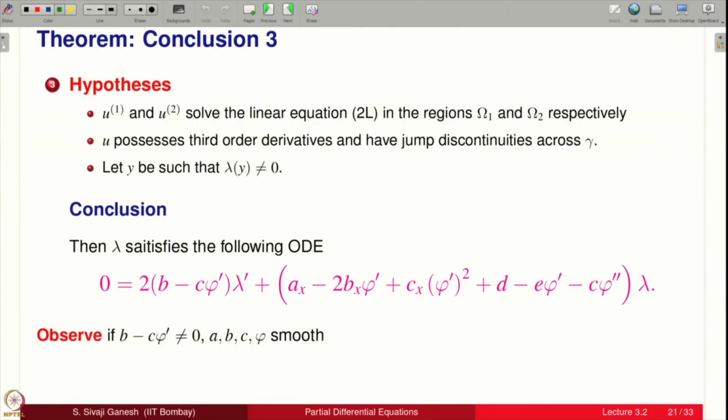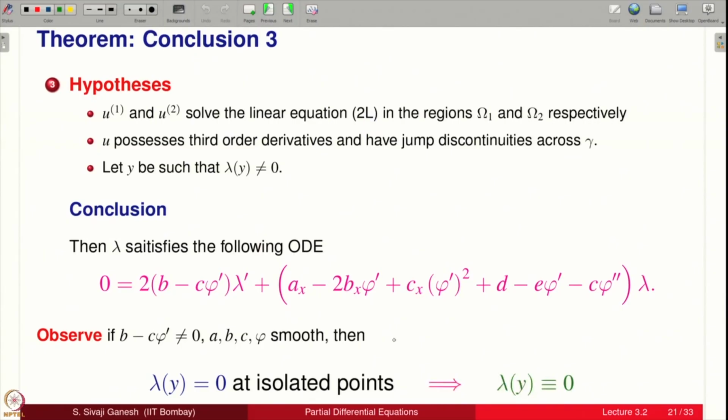Now, observe that if b minus c phi dash is not equal to 0 and a, b, c, phi are smooth functions, then lambda y equal to 0 at isolated points implies that lambda y is identically equal to 0. Let us understand this carefully. If lambda y is equal to 0 at some point, this ODE may not hold, but here the hypothesis is lambda y equal to 0 at isolated points.